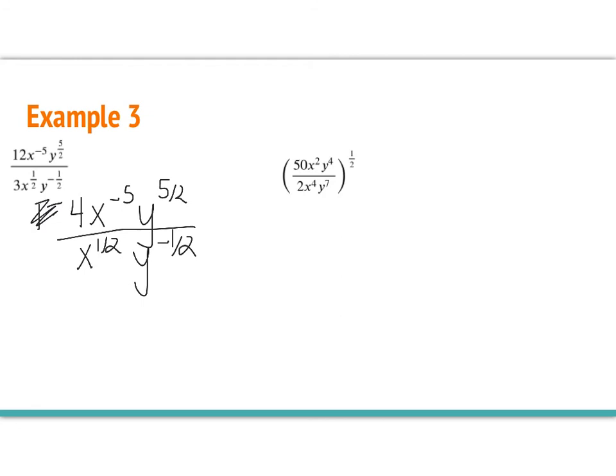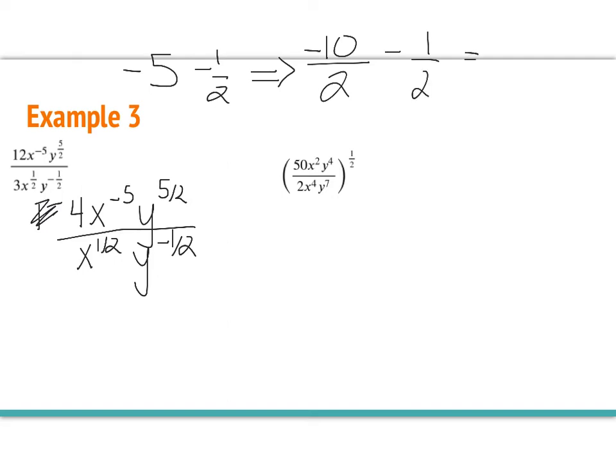So, negative 5, take away a half. Now, I'm going to turn negative 5 into a fraction. So that becomes negative 10 over 2. We can agree that negative 10 divided by 2 is still negative 5. And we're going to subtract 1 over 2.